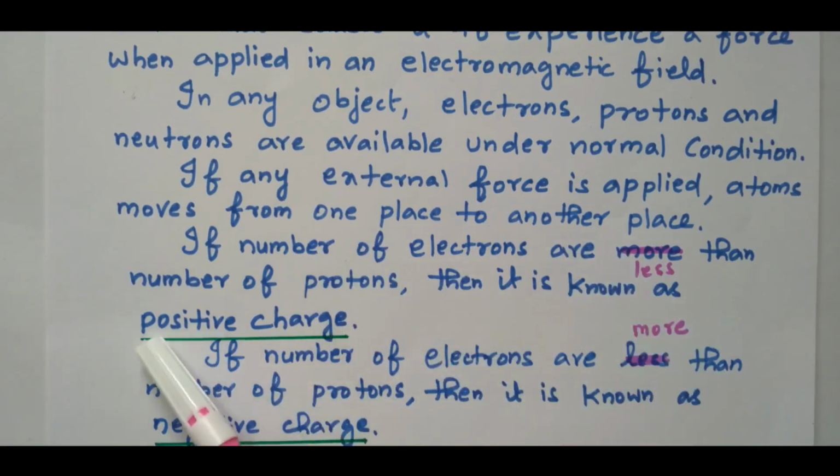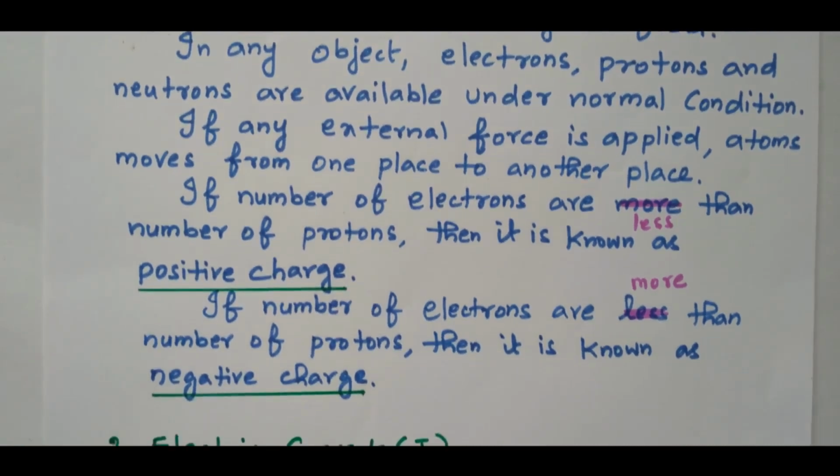So the entire object is termed as positive charge. Suppose if the number of electrons is more than the number of protons, then it is known as negative charge. So if electrons are more, automatically it is a negative charge.